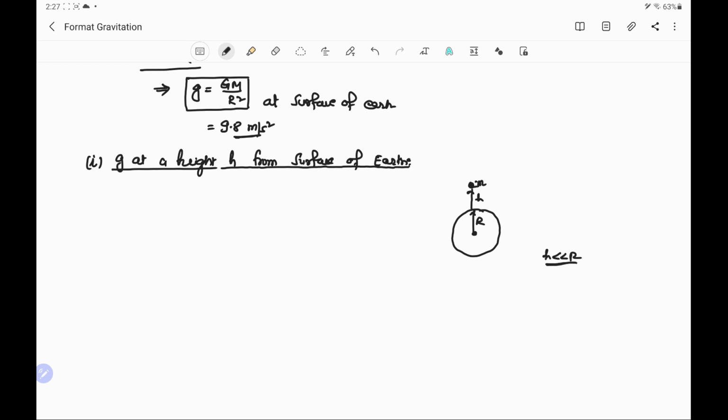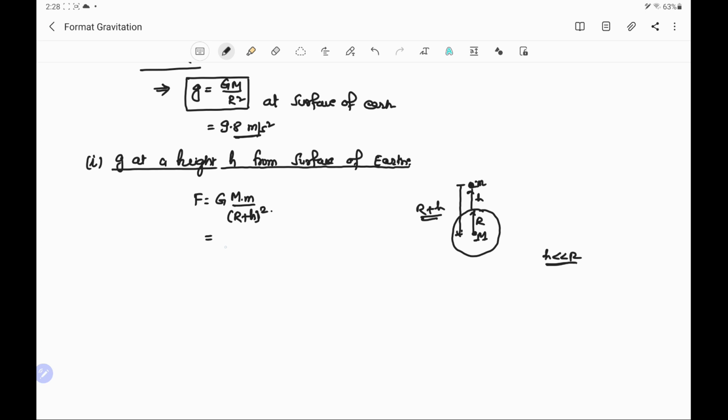By Newton's law of gravitation, F equals G times the mass of earth times the mass of body, divided by the distance squared. Now what is the distance between them? Here the total mass M is concentrated at the center of earth, and the distance between small m and capital M is R plus h. So it is R plus h whole square.